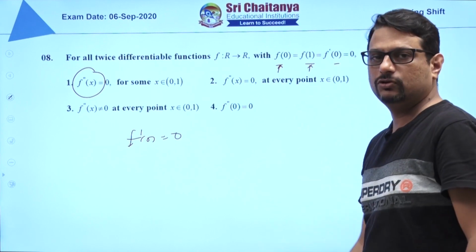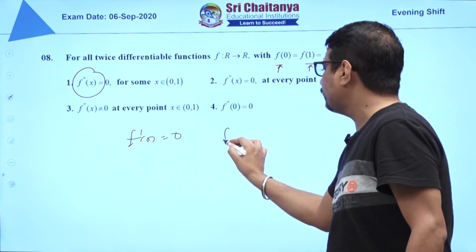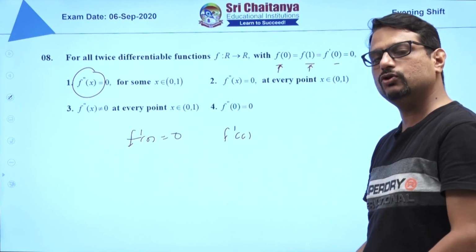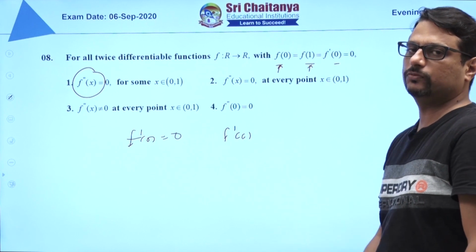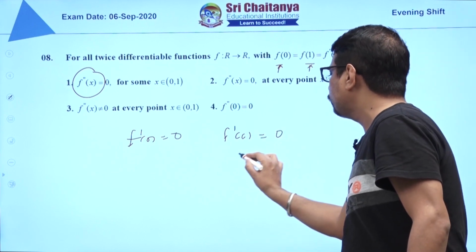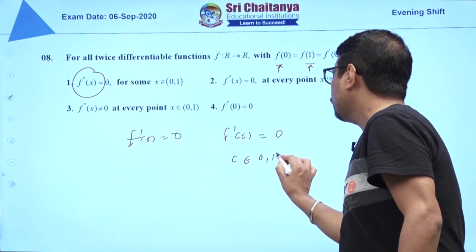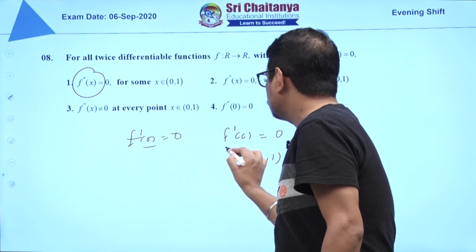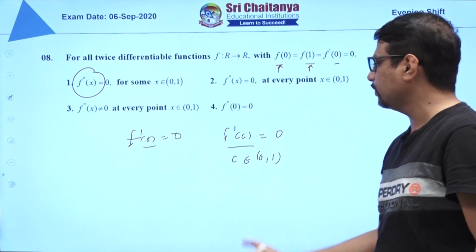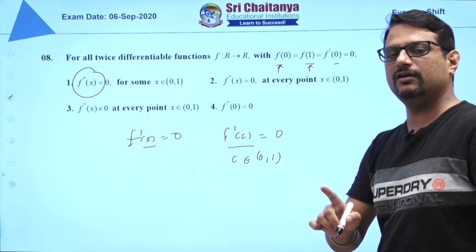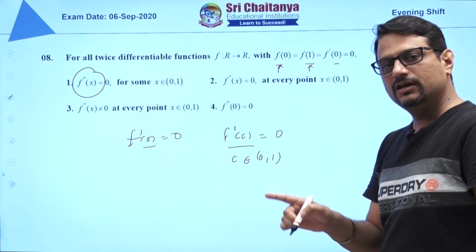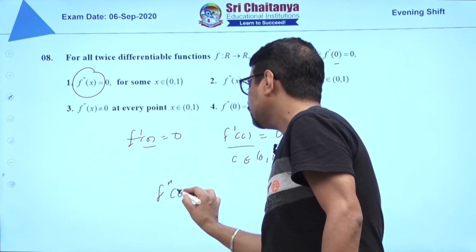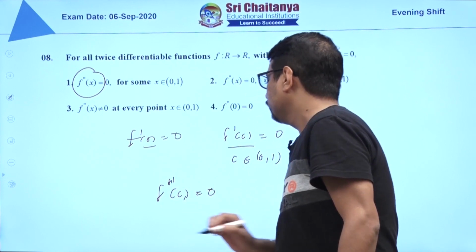Now let us forget this and concentrate on values of fx. F of 0 is 0 and f of 1 is 0. That means, using Rolle's theorem, there exists at least one c belonging to 0 comma 1 such that f dash of c will be 0. Now this is one root, and this is another root we have found which is belonging to 0 comma 1, so there will exist at least one c1 belonging to 0 comma c such that derivative of this, which is f double dash of c1, will be equal to 0.